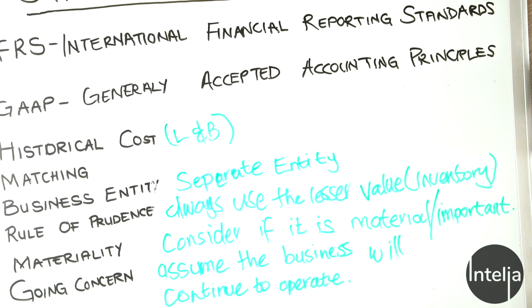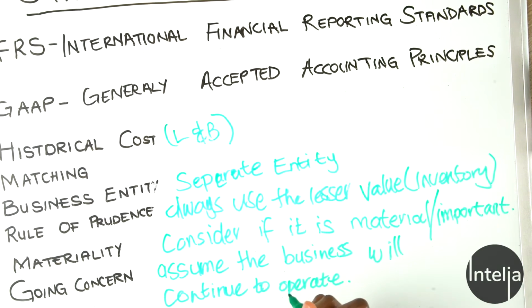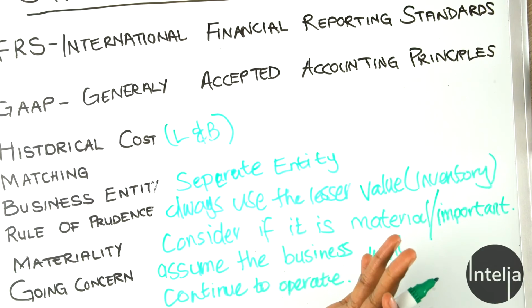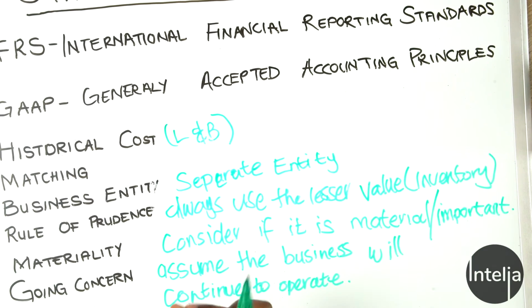Then the last one is the matching rule, which says that stationery unused at the end of a financial period must be seen as an asset and not an expense for that financial period.